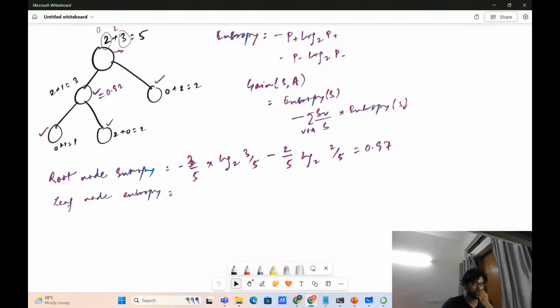These nodes are pure nodes. They don't have any impurity, as we saw while calculating the Gini impurity. So what is entropy basically?